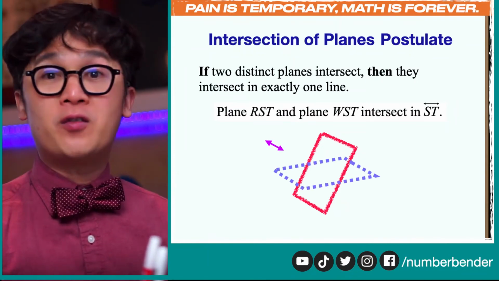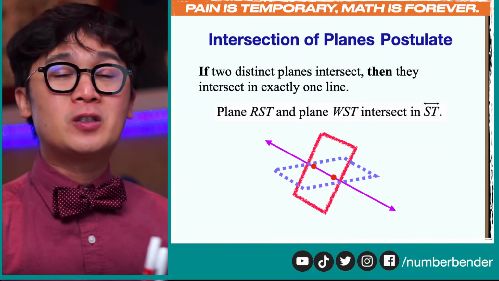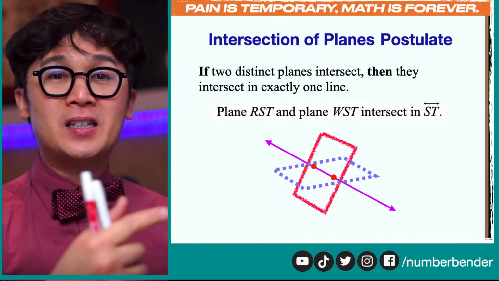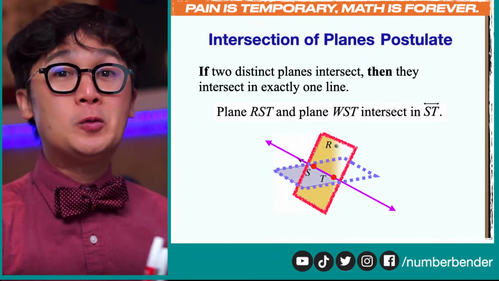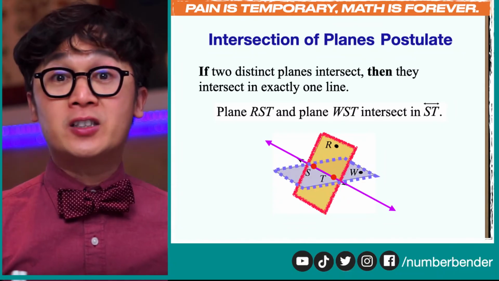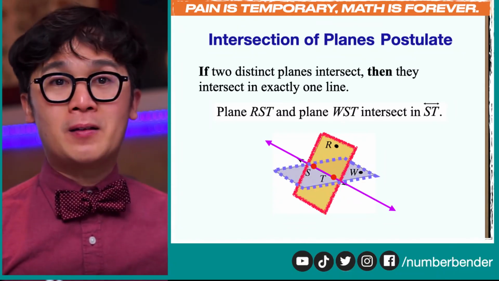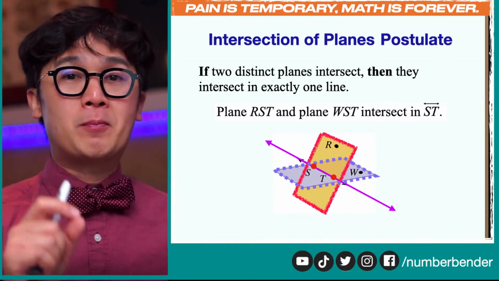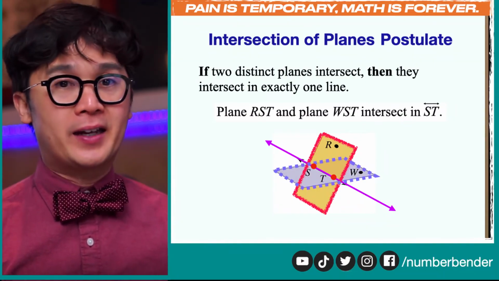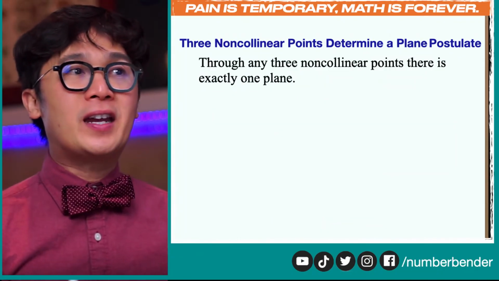And their points of intersection are points S and T, and those points describe the intersection of the two planes that we have right here. So this is how we illustrate this postulate on two planes, and when two planes intersect, remember that it produces a line.